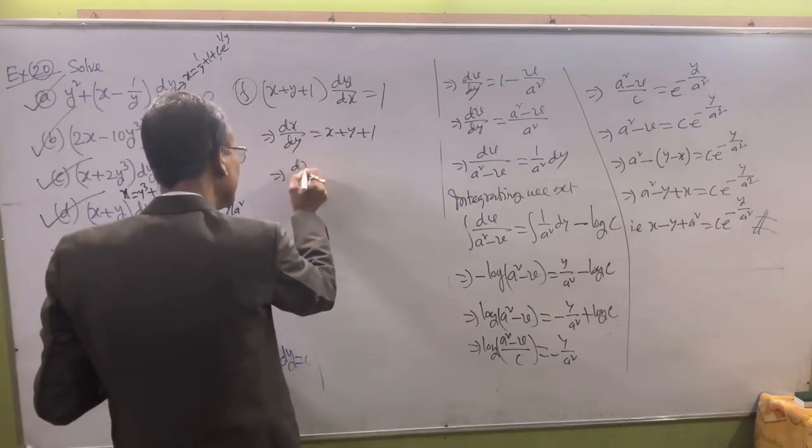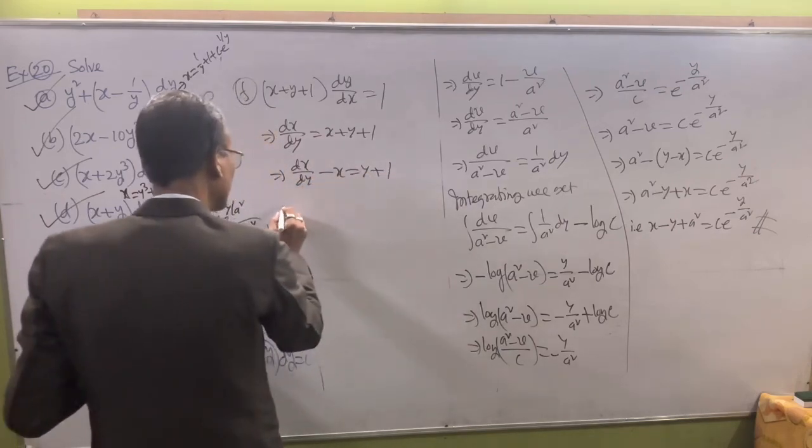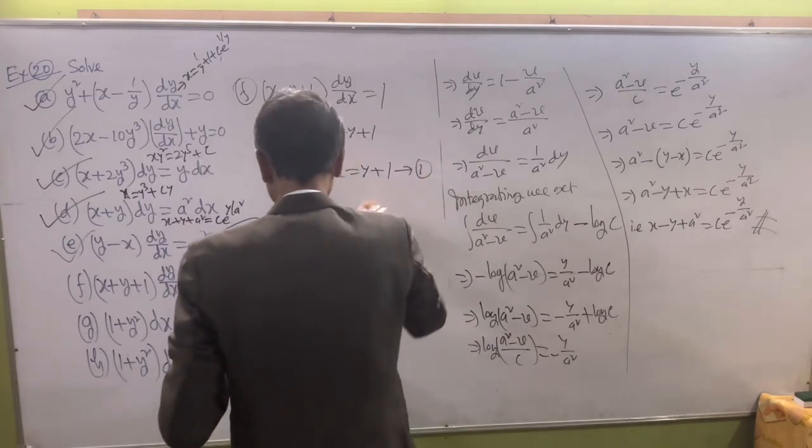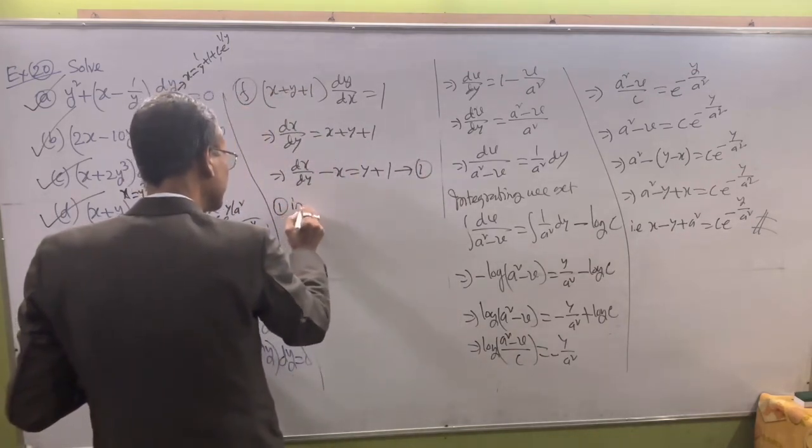This means dx by dy minus x equal to y plus 1. This is linear in x.